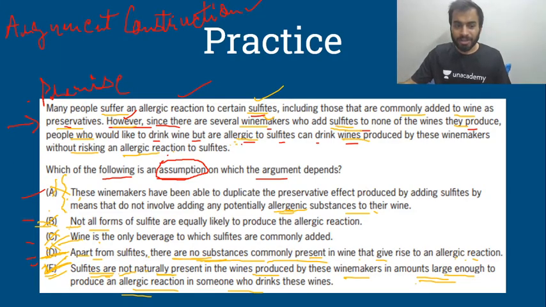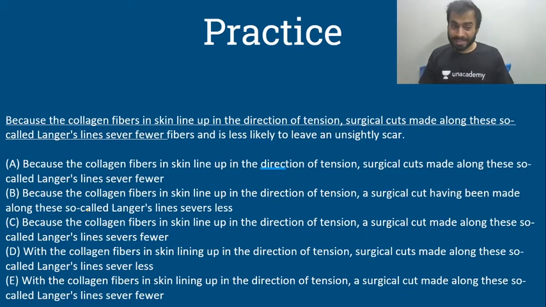If you remember, just like D, even A was talking about other substances. So A and D became very similar, but E is presenting us with an even stronger proposition because E is talking about sulfites directly. All right. So therefore, E is the correct answer. I hope that made sense to you.